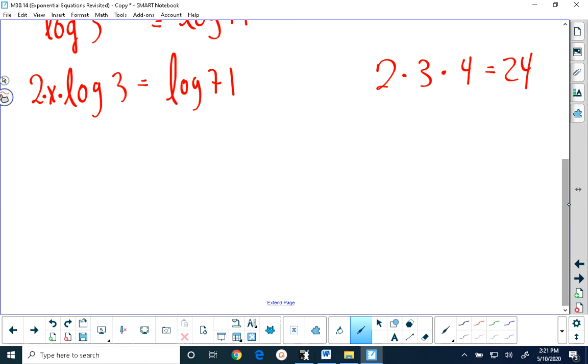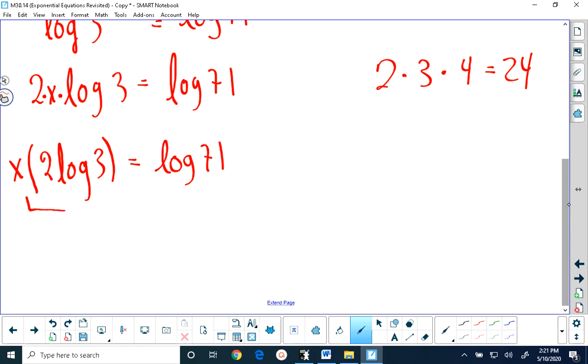So I'm going to choose to rearrange these in terms of how I write them as x multiplied by 2 multiplied by log 3. And then I can very clearly see that the coefficient of x on the left-hand side is 2 log 3.